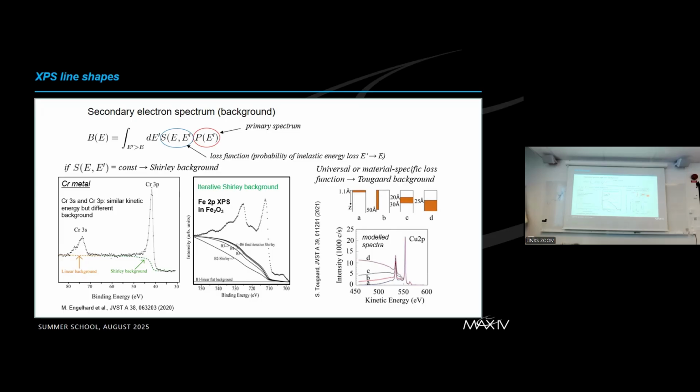But here I show you just to give you an impression that the background may depend very strongly on how exactly your material is distributed in the matrix. So this is a calculation where the copper atoms are distributed in the gold matrix differently. So it's the same amount of copper, the primary spectrum is the same, but due to the different scattering functions, you're getting different backgrounds here.